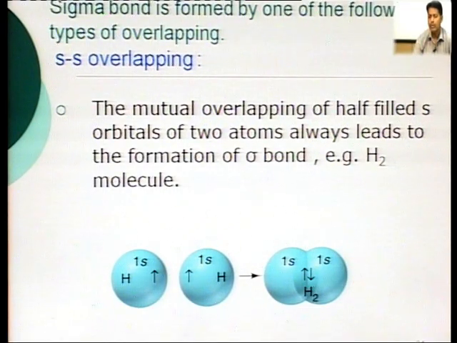Both the overlapping orbitals are s orbitals. The s orbital is spherically symmetrical, so when they overlap each other, the overlapping is at the internuclear axis and the bond formed is a sigma bond.